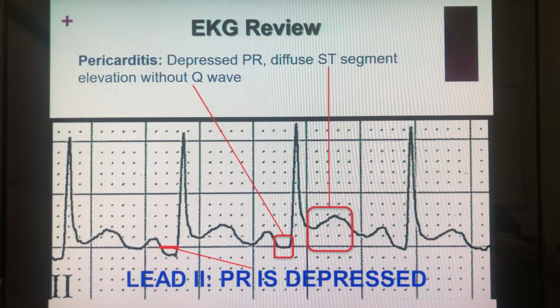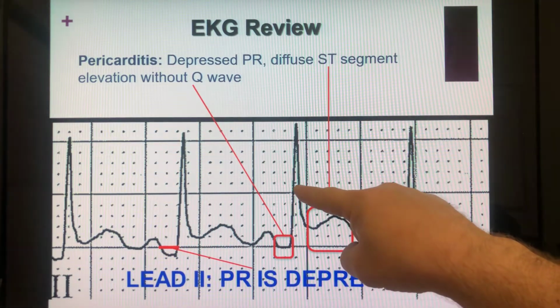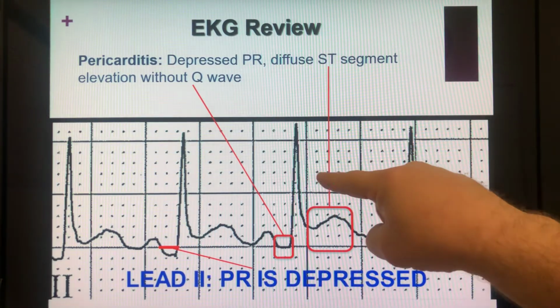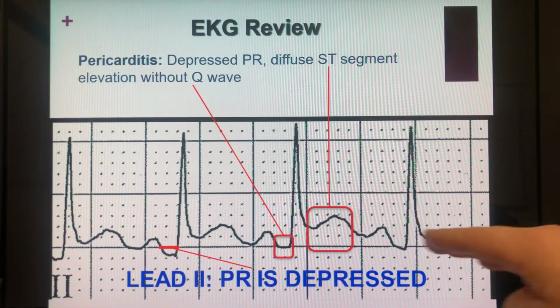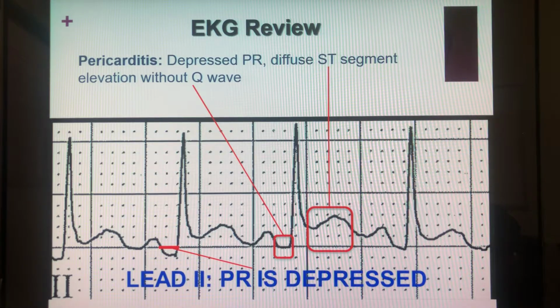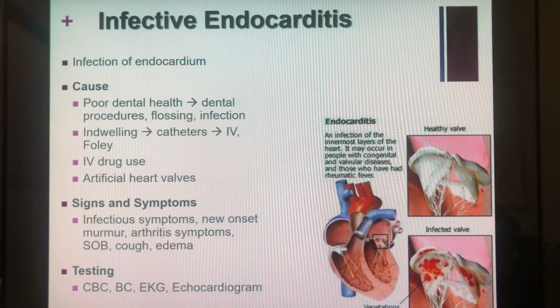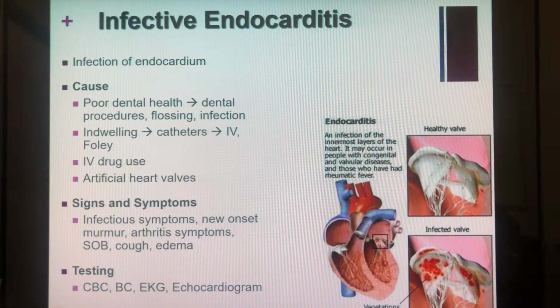Go back and look at those EKGs with the STEMI, and you'll see it met it like halfway down, and it was way the heck up here. This is just an elevation. It's just not a huge elevation. So be prepared for that one also. It's just one more EKG we're adding to our list of things that we should be able to know before getting out of this class.